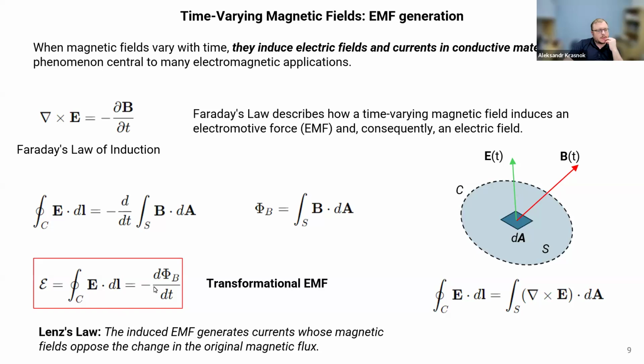And in this definition of electromotive force, this minus here is nothing but Lenz's law, which basically indicates that this induced electromotive force is always induced in a way to reduce the effect of the change of magnetic field, to compensate that effect.